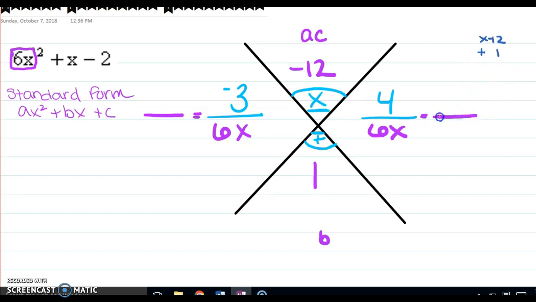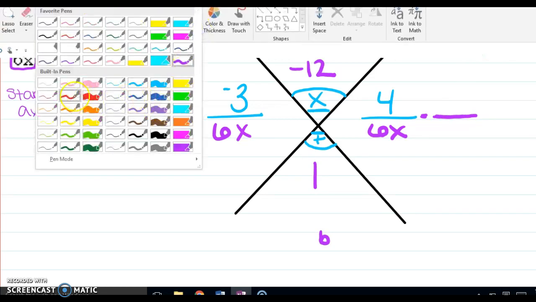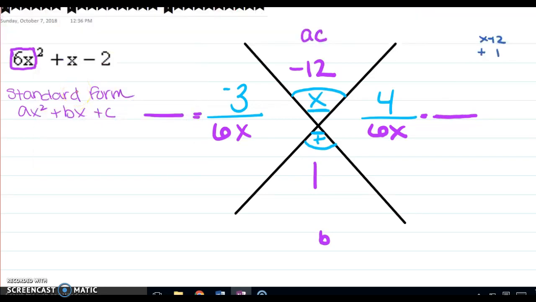We have to simplify the fractions, and that's what makes the X method really good, because in other problems, this simplification is like taking out a GCF 3 different times. So it's a lot easier to just right now simplify these fractions. We know that 3 goes into 6 twice, and what's left up at the top is a -1.